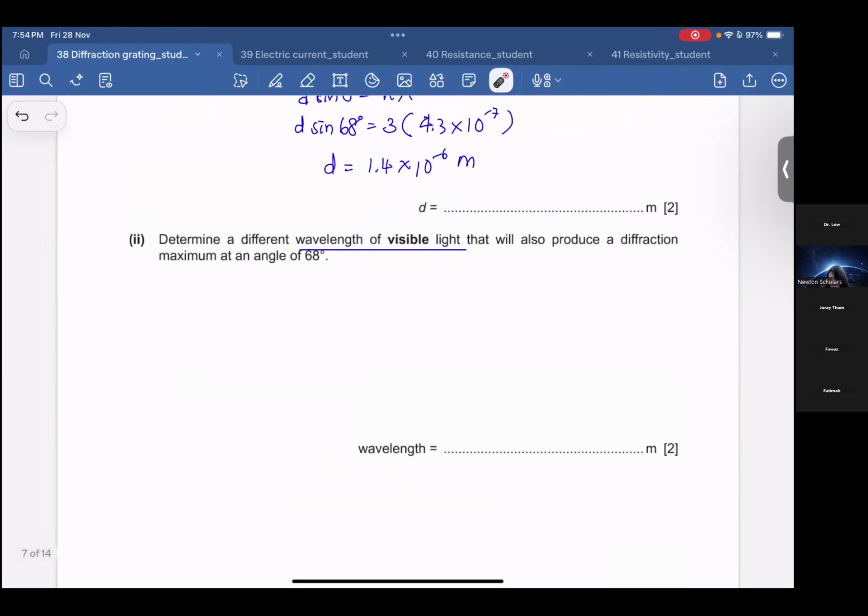The most important reason I put this question is this: determine a different wavelength of visible light that will also produce a diffraction maximum at an angle of 68 degrees. Visible light wavelength, again, what is the range? The answer is 400 nanometer to 700 nanometer.